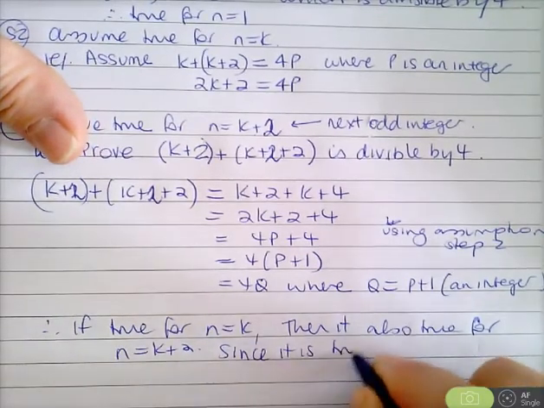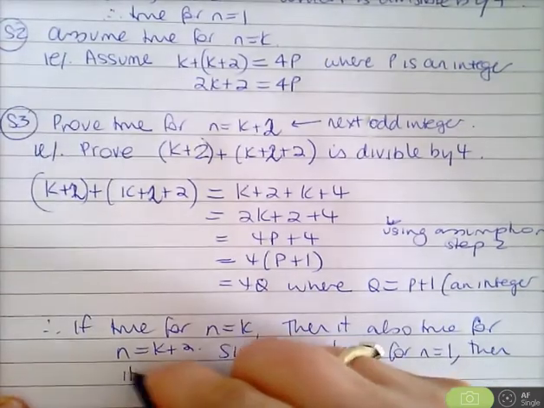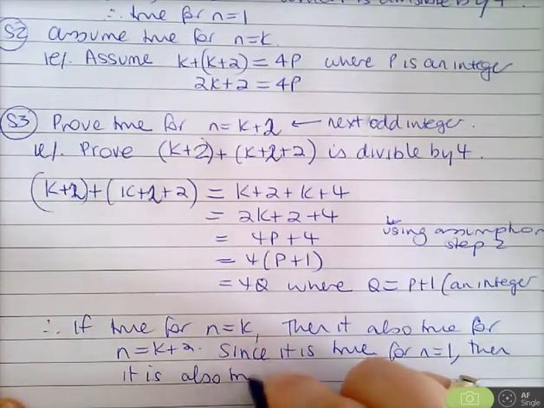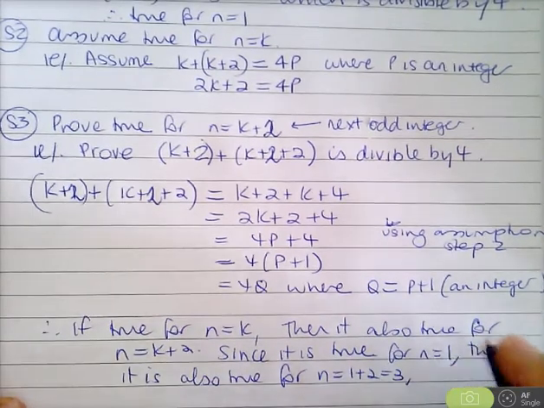Since it is true for n equals 1, then it is also true for n equals 1 plus 2, which is 3. I think I did make a mistake on that other one.